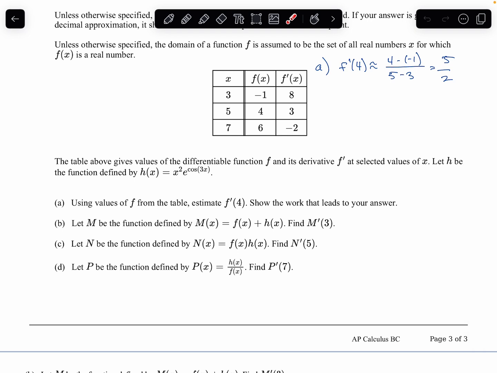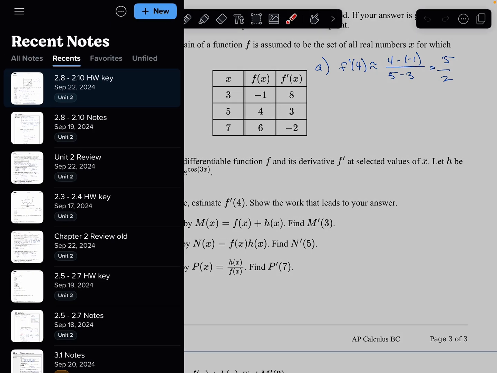If the information given was in the form of a graph or graphs, you should still know how to do that. If these values were given as a graph instead of a table, you should know how to do that too, okay?